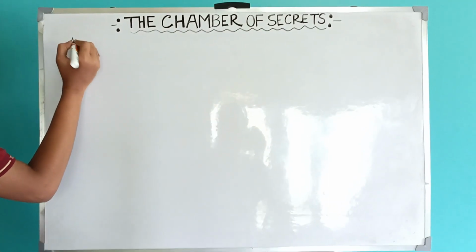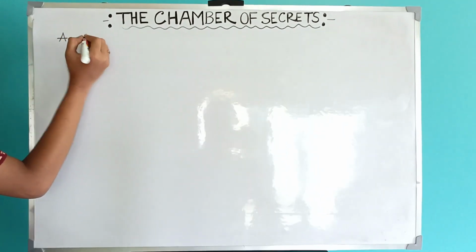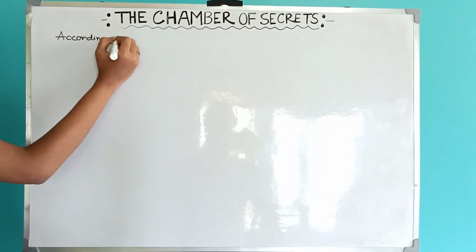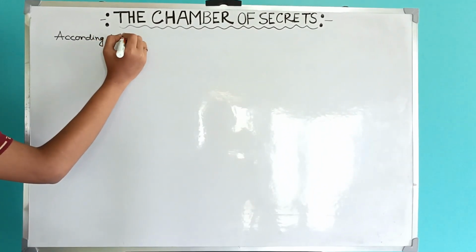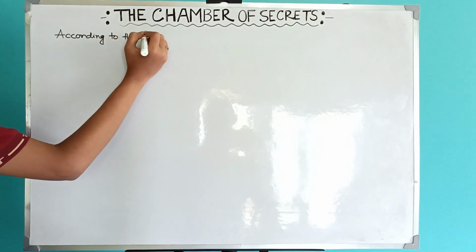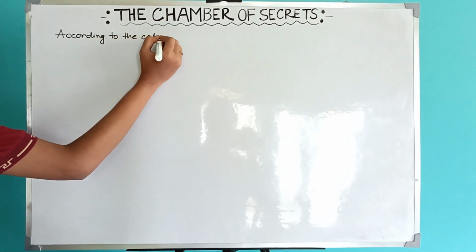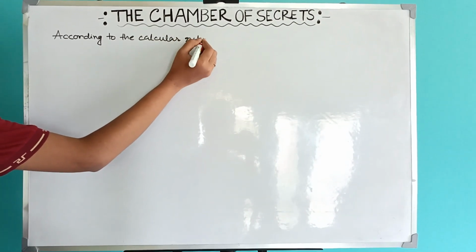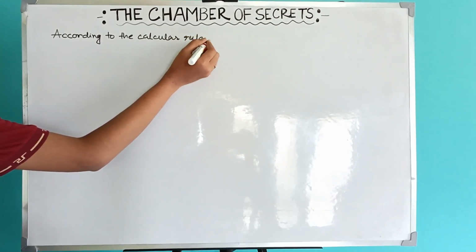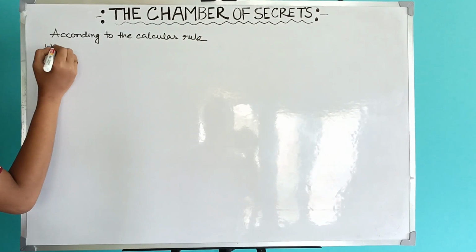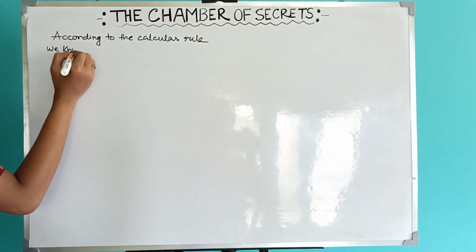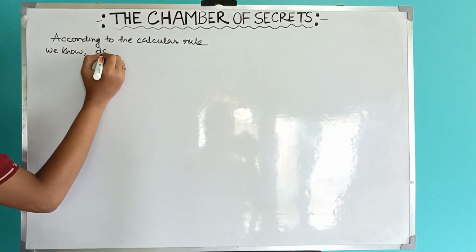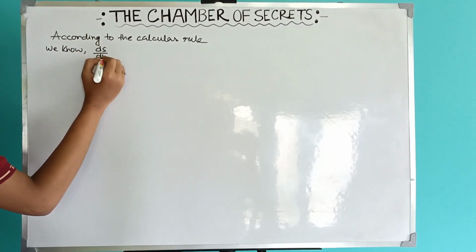So now this is the calculus part. According to the calculus rule, the first derivative of displacement is equal to velocity. So now we will write that in the proof. We know ds/dt = v.